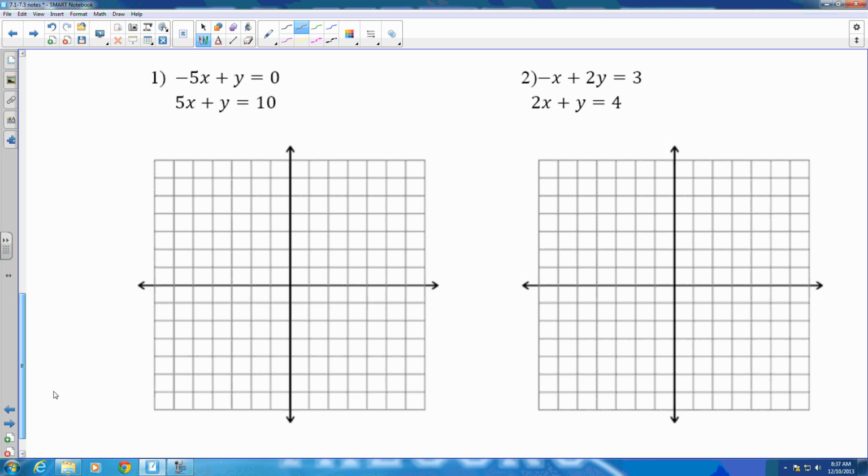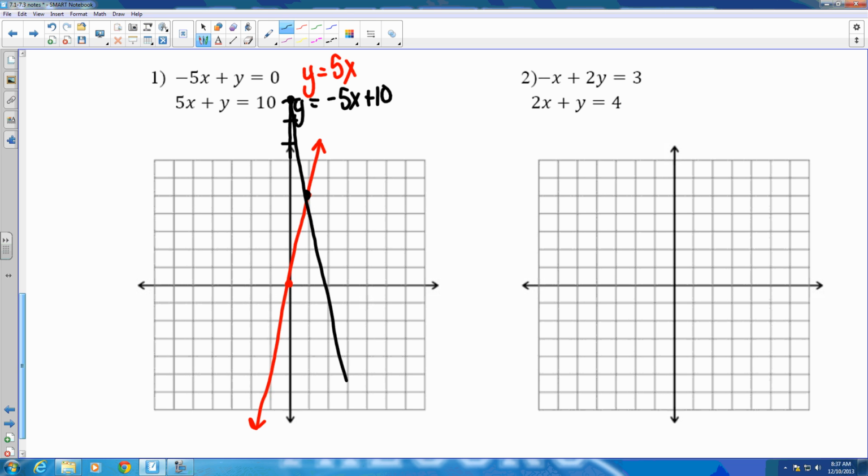Okay, two more down on the bottom before we have our word problems. I'm going to extend the line a little bit on this one because the y-intercept is 10. But they intersect very clearly, so that's not too bad.